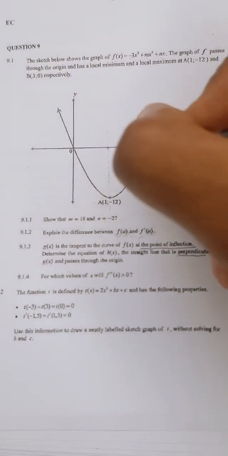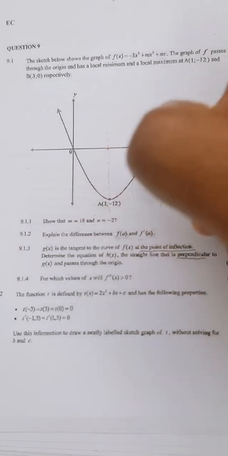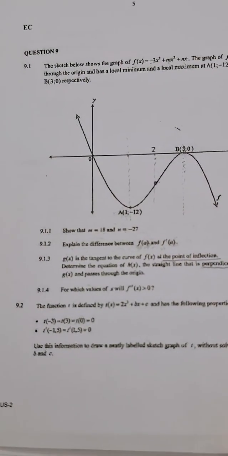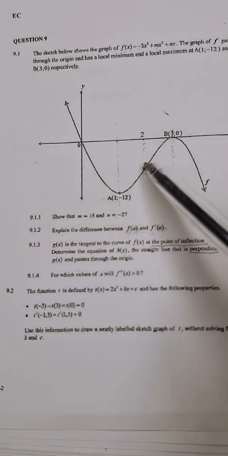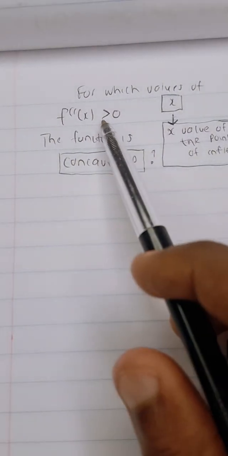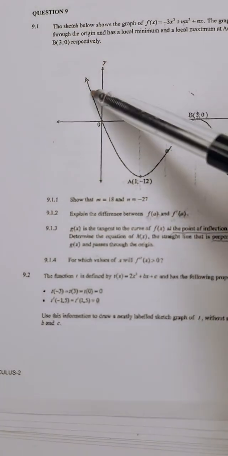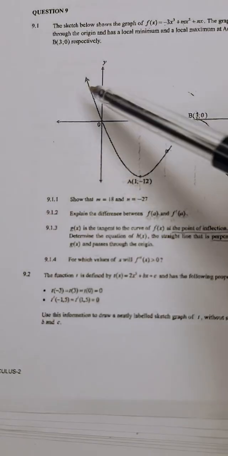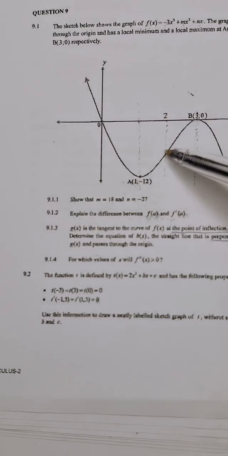Somewhere here, the x value is 2. The coordinates were 2 and negative 6, but the actual x value is 2. So now you ask yourself, where is the function concave up? Remember, f double prime greater than 0 means concave up. Which values of x show the function being concave up?